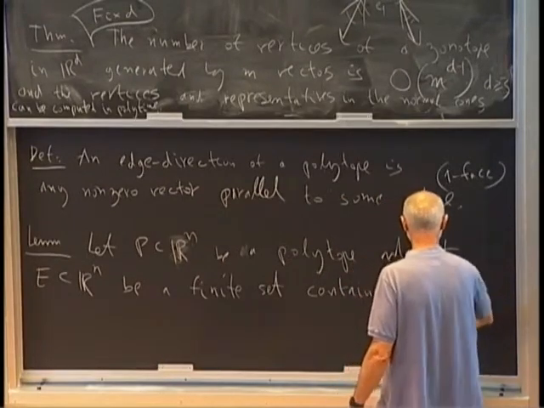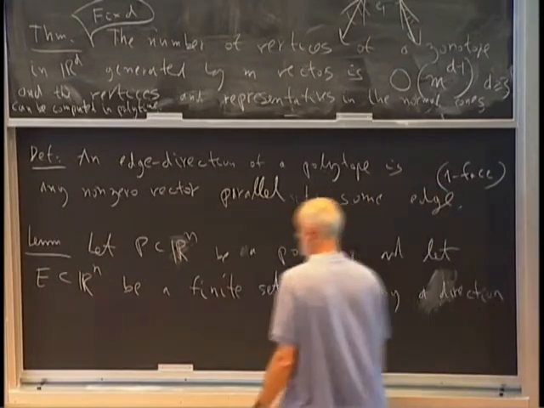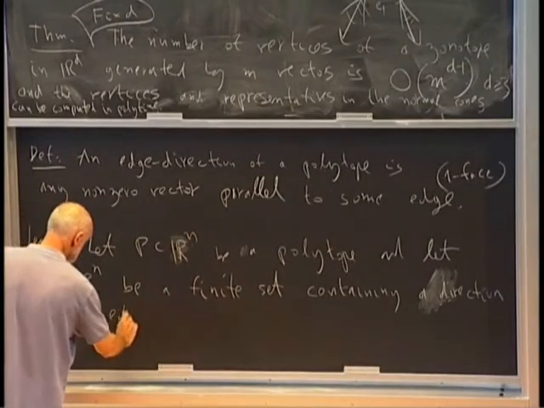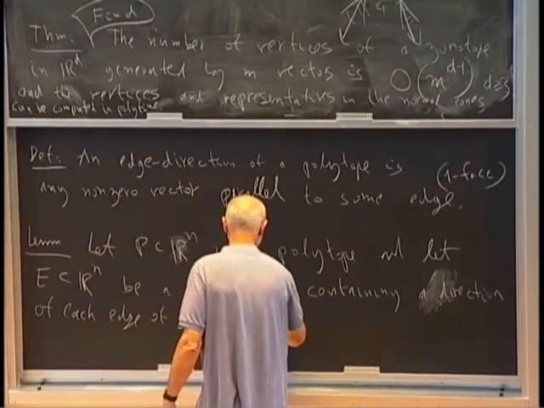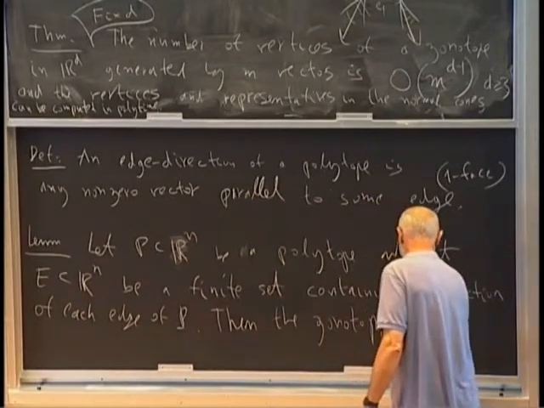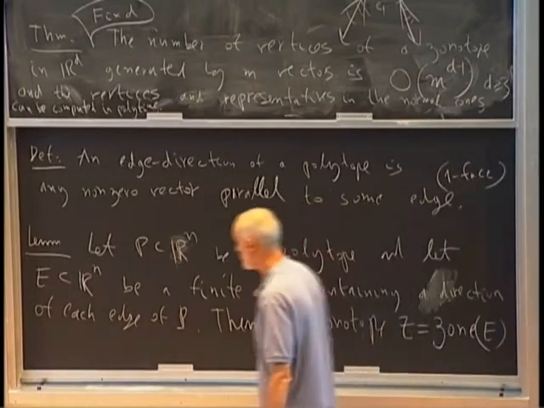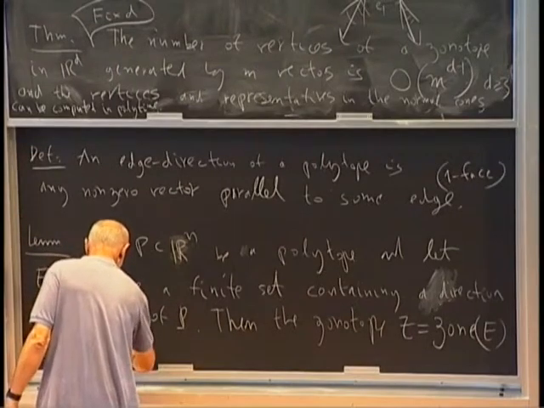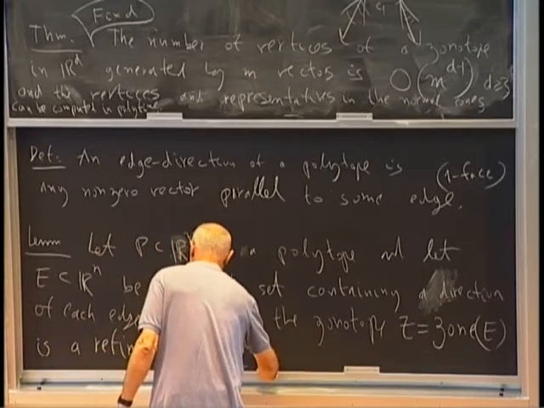Well, a direction for each edge. And then the zonotope generated by this set is a refinement, and I'll explain this, of P.